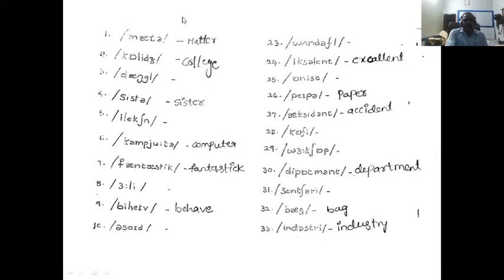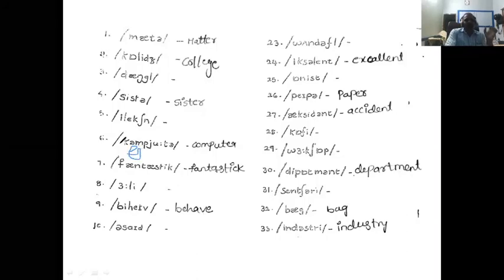The symbol is a, right? This symbol stands for the a sound. Ka, up to here ka. If this symbol comes at the end of the word, it should be pronounced as ar.